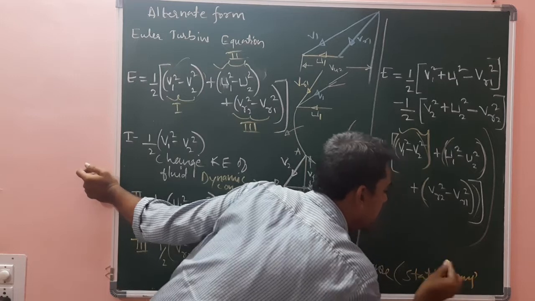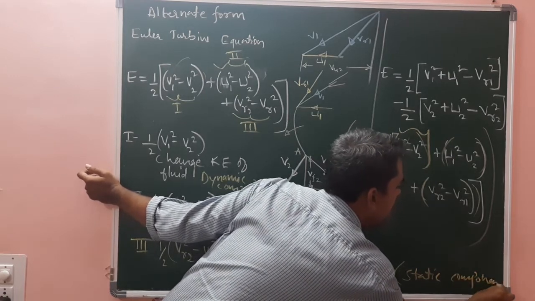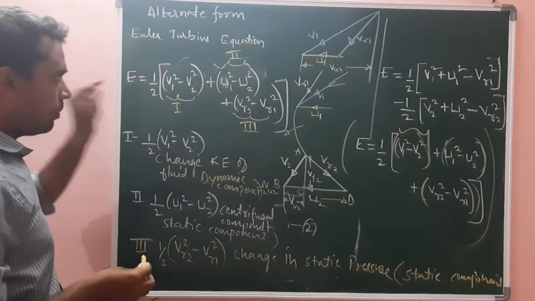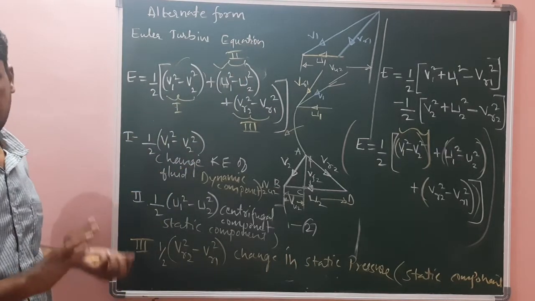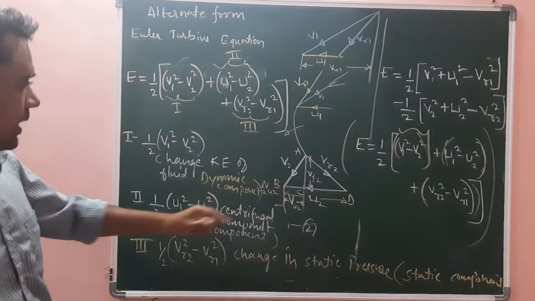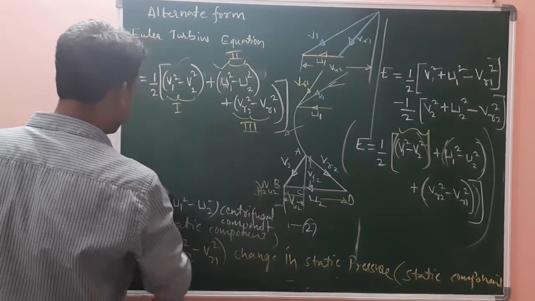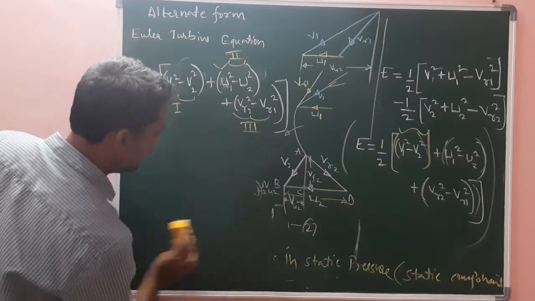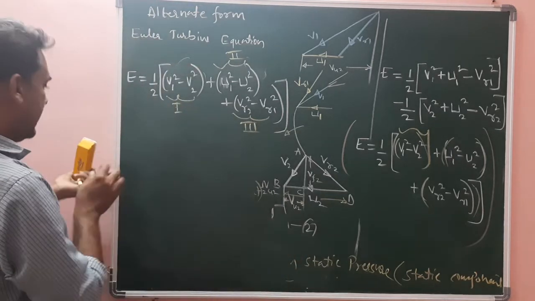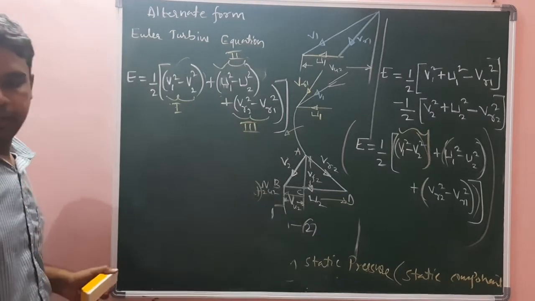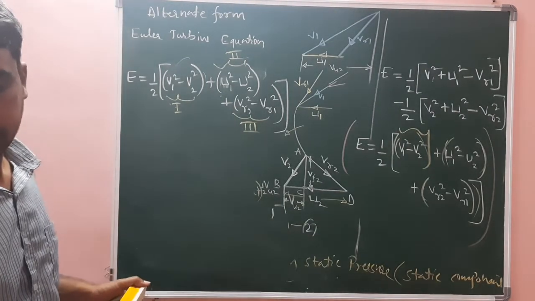Very important. Therefore, the Euler turbine equation includes one dynamic component, the first term, and two static components.